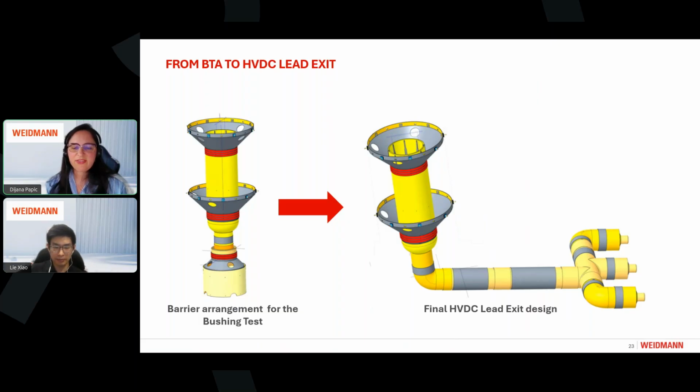After this has been established and designed, the next step is to check the needs for connecting the lead exit to the winding of the transformers, and the arrangement within the tank, and all the needed requests.